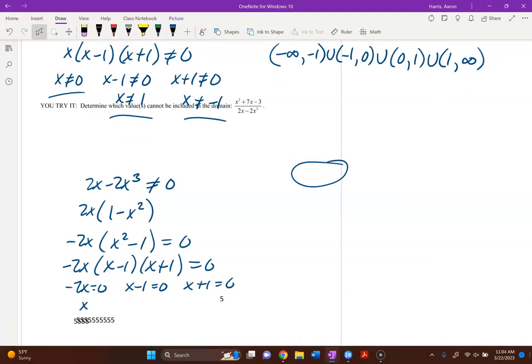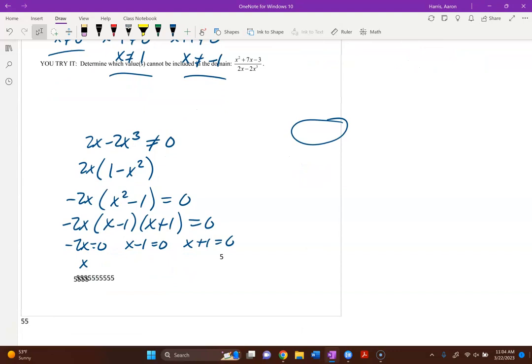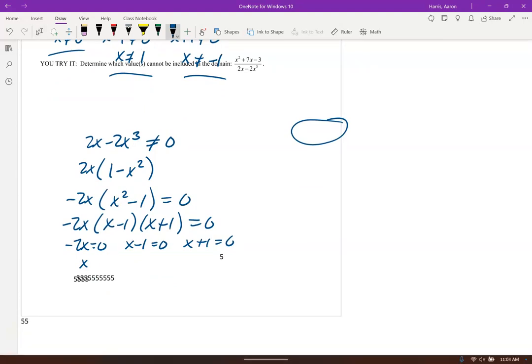So x cannot be 0, x cannot be 1, x cannot be -1, right? So my domain is all reals except for, in this case, the same ones, -1, 0, and 1.